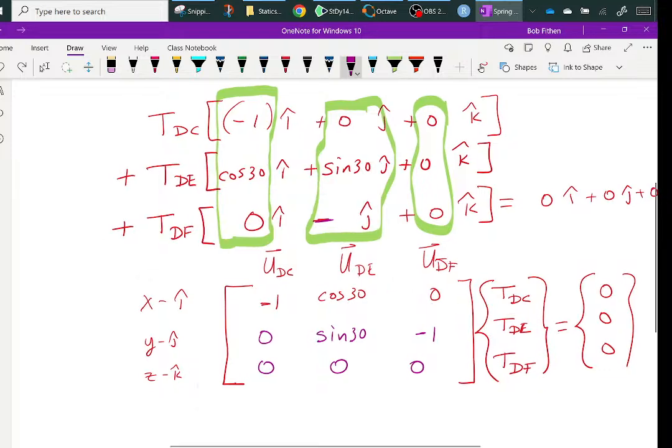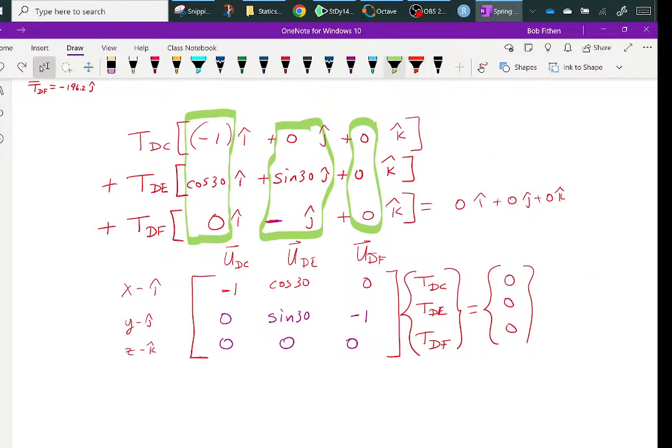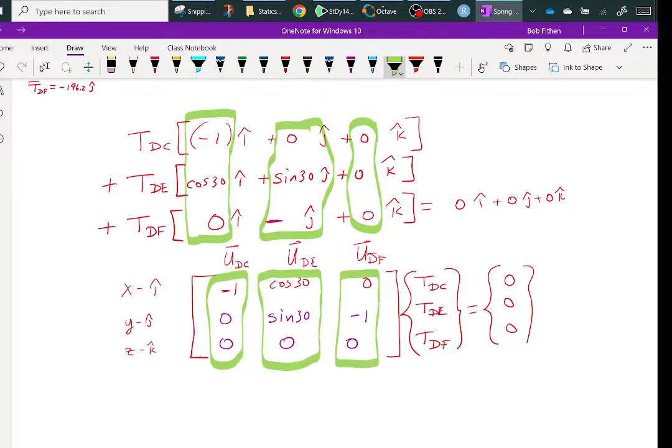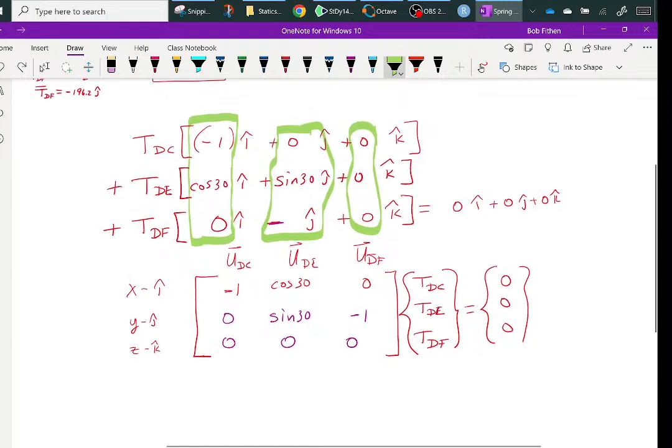But the structure is such that this vector listed vertically is one of the unit vectors, and this one listed vertically is the unit vector, and this one listed vertically is the unit vector. Turns out that the first one is associated with this, the second one is associated here, and the third is associated here. So you start seeing a pattern that occurs every single time. Then the question is, how do we proceed from there?